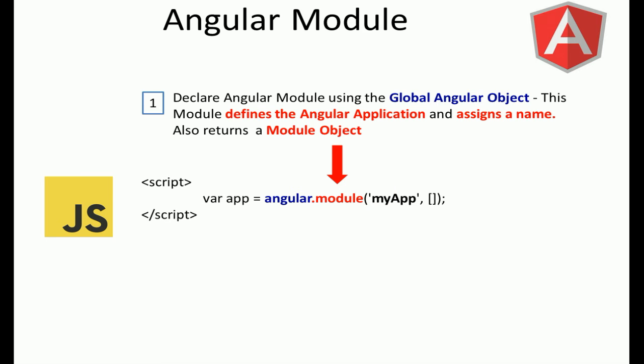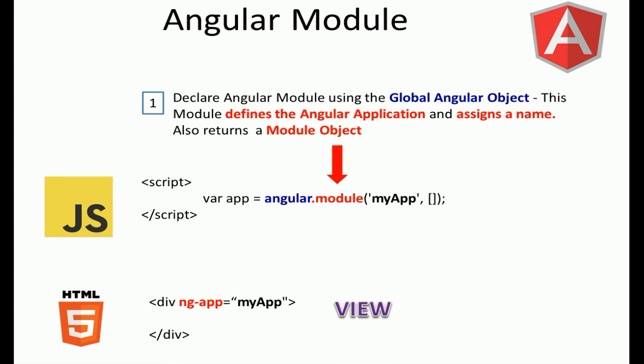Parameter 2 is an array used for a service called dependency injection, which we will not use at this time, so we will leave the array empty. We now have an Angular application module named myApp, and this app module is returned and stored in this app variable. Such a sweet package.